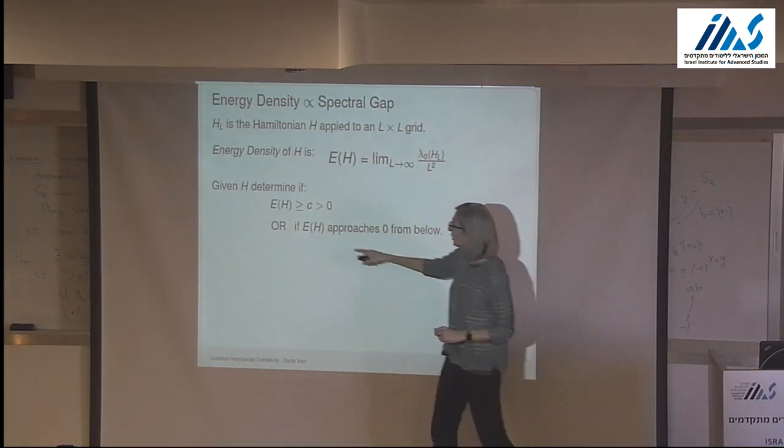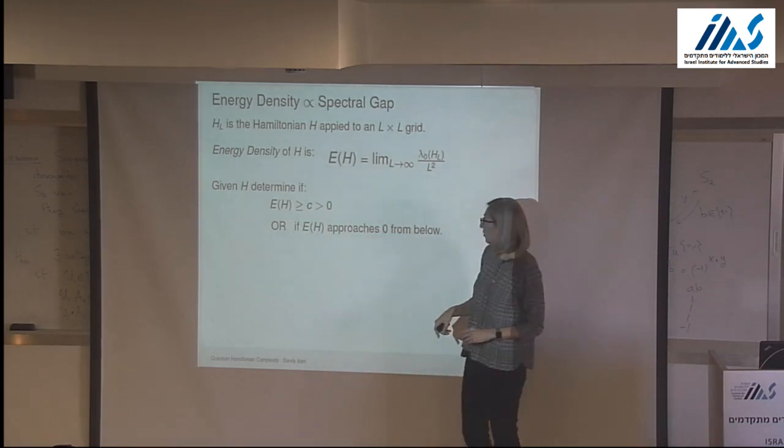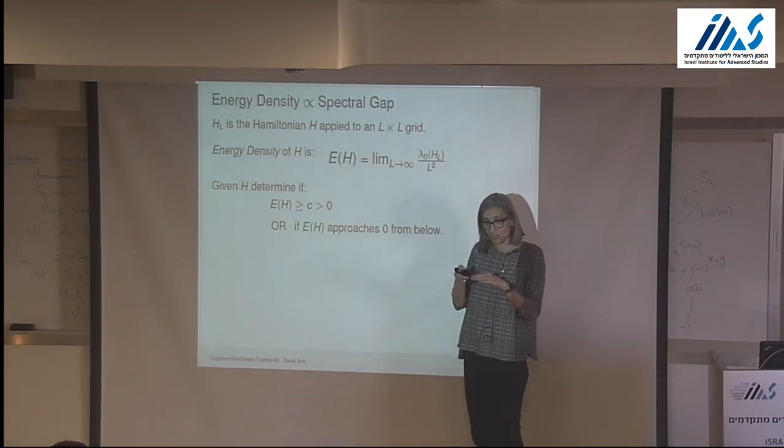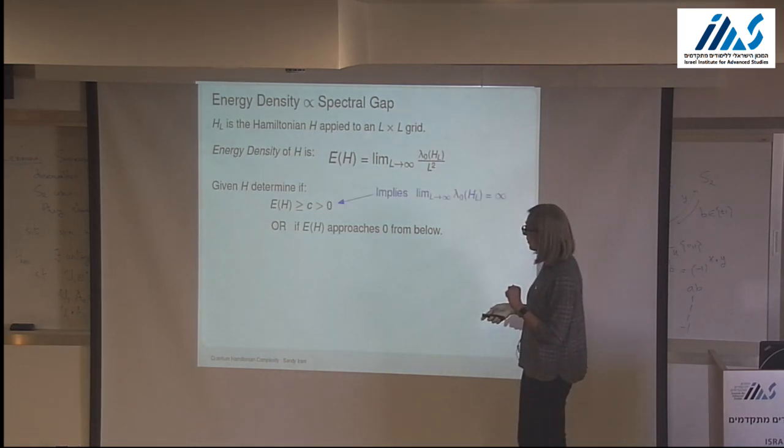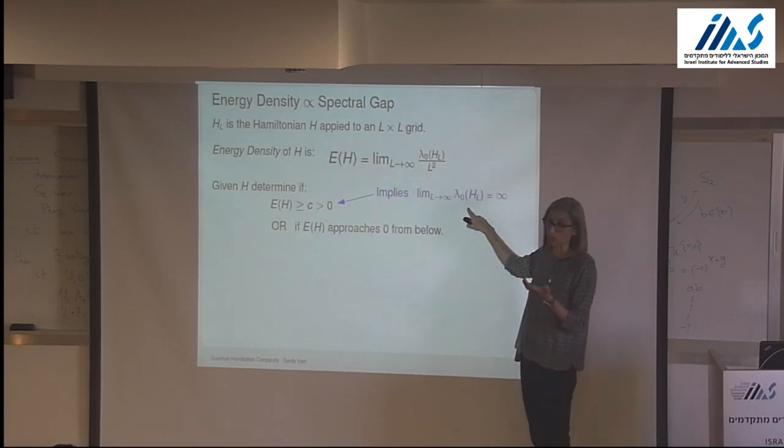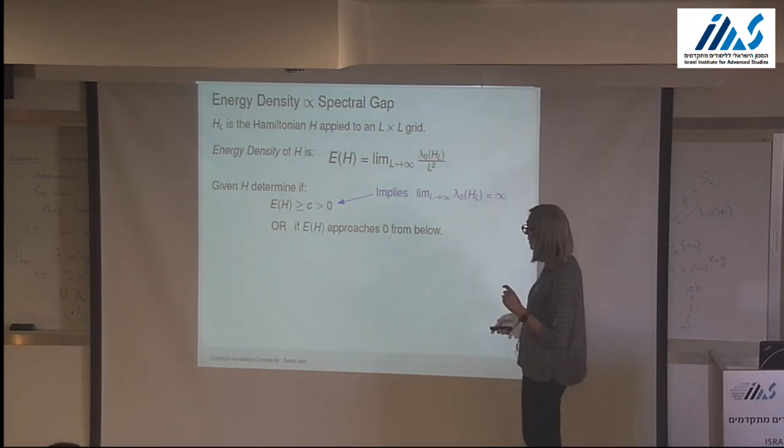And I want to determine, is it bigger than a constant? Or is it zero, does it go to zero as L gets large, okay? So this implies that the overall energy is infinite, obviously, if each particle has a constant energy density.